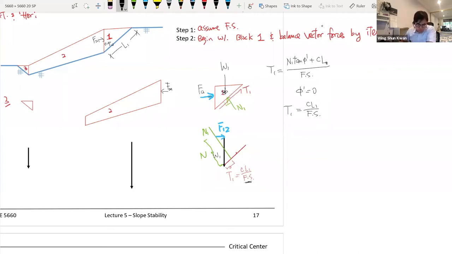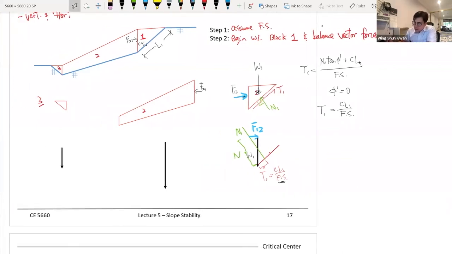Okay, very good. So moving on to the second wedge. You find out F12, so you will find out F21. They are equal in magnitude but in opposite directions. At the beginning, what you know is the W2. W2 is kind of free information.